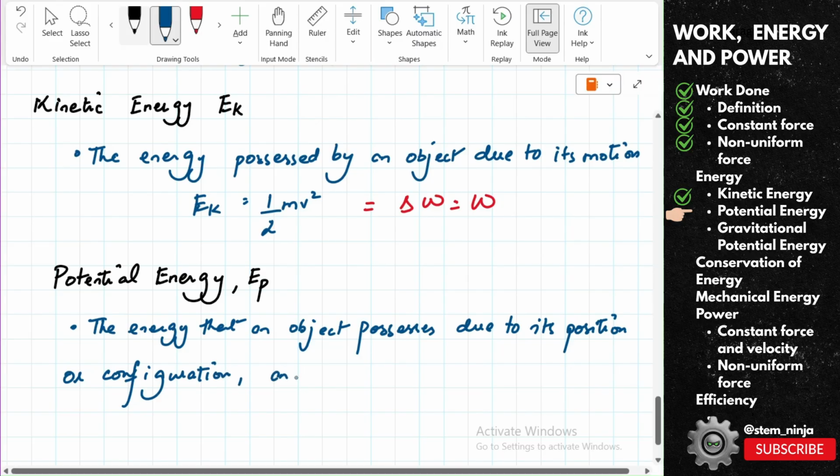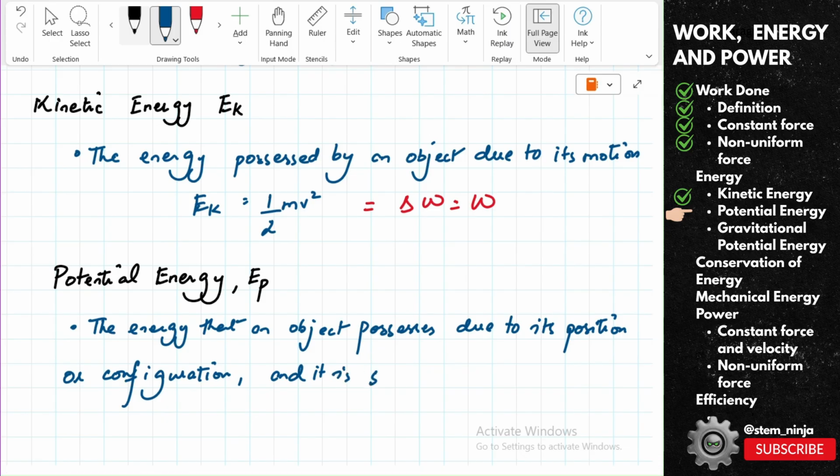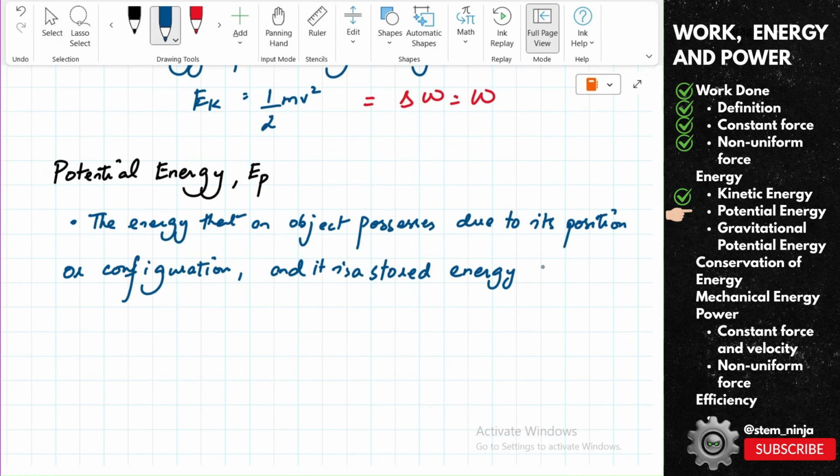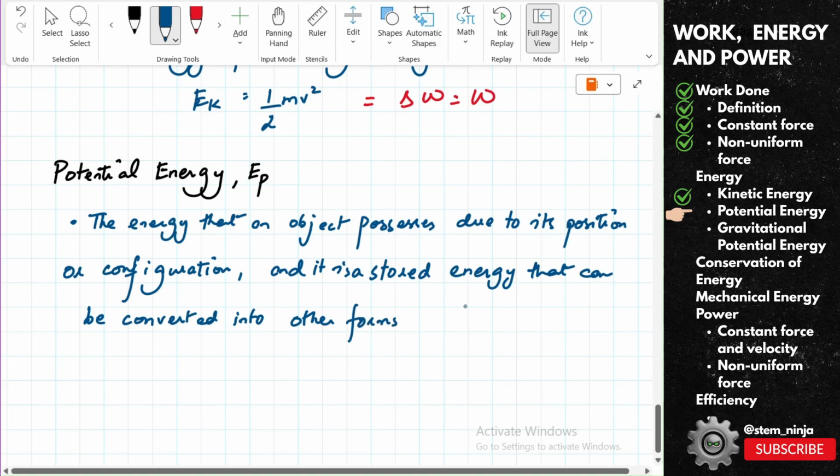You can also say that it is stored energy. It is a stored energy that can be converted into other forms of energy to do work.